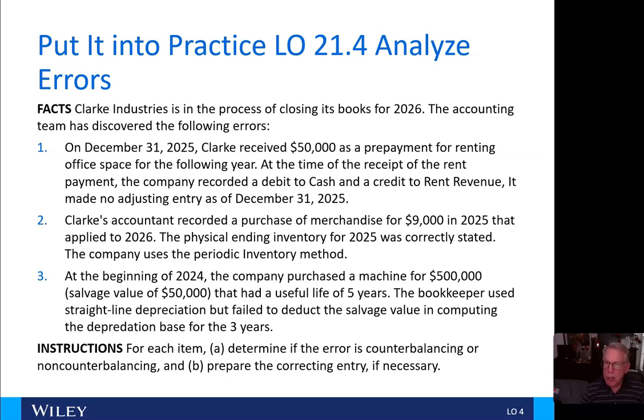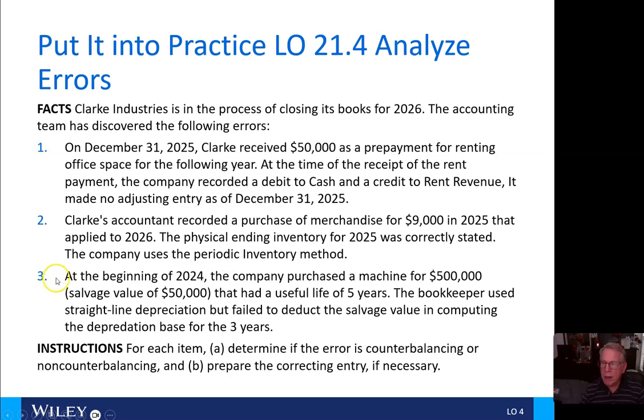It made no adjusting entry as of December 31, 2025. Number two, Clark's accountant recorded a purchase of merchandise for $9,000 in 2025 that applied to 2026. The physical ending inventory for 2025 was correctly stated. The company uses periodic inventory method.